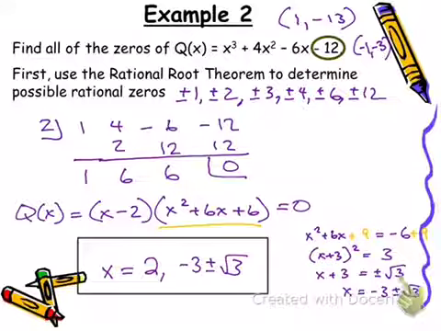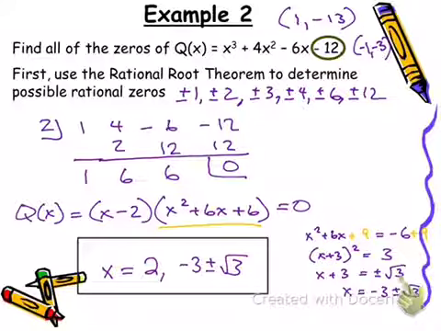Now, this is not the kiddie pool of algebra here. We're in the deep end of the algebra pool at this point, using a lot of skills that we've picked up through this semester to solve higher order equations.